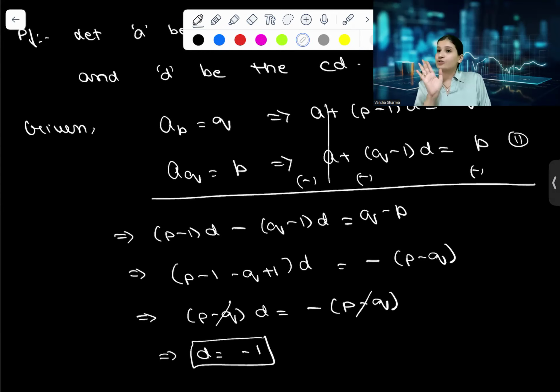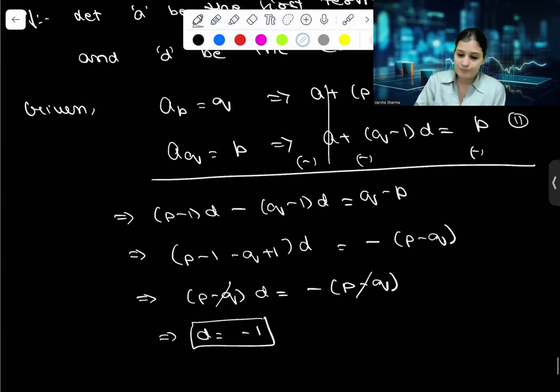They were already introduced, so my answer can be in the form of p and q. But small a and d were my introductions. Your answer cannot contain a and d. The letters that you assume in any chapter, you can't give your answer in those letters. The letters that the question provides you, your answer can have. But you cannot leave the answer with the letters that you assume in the middle of a sum.